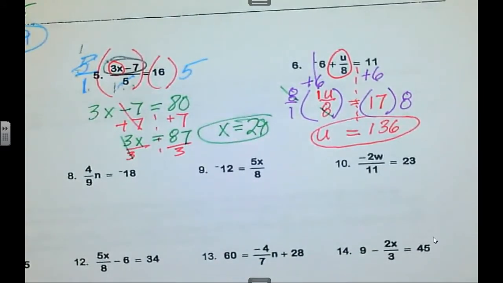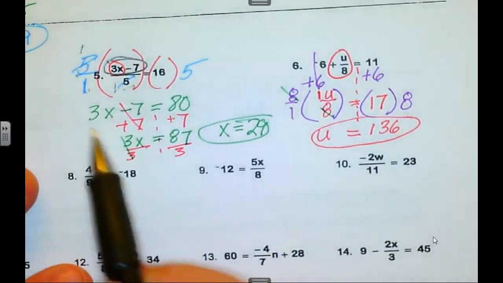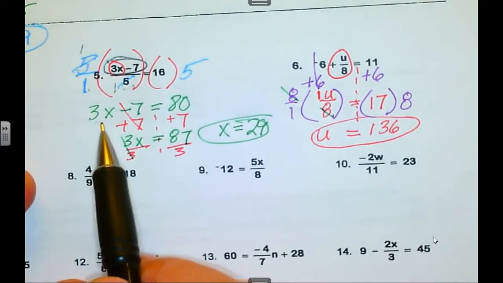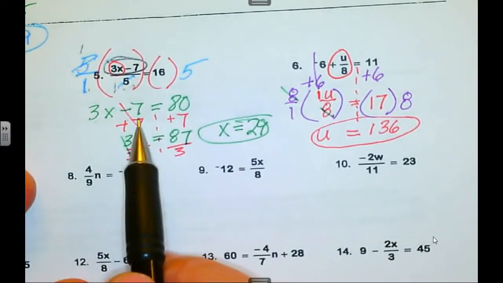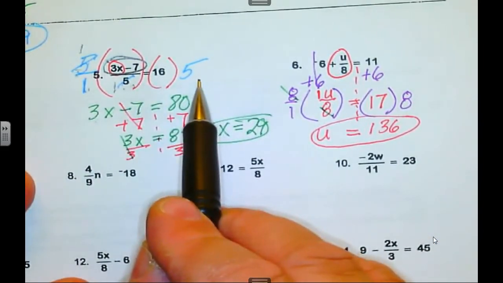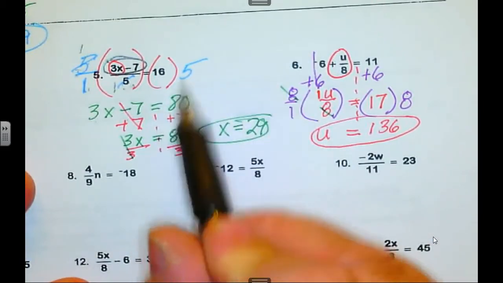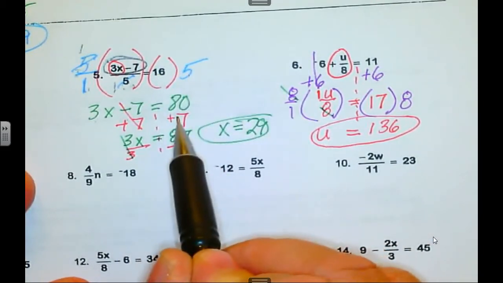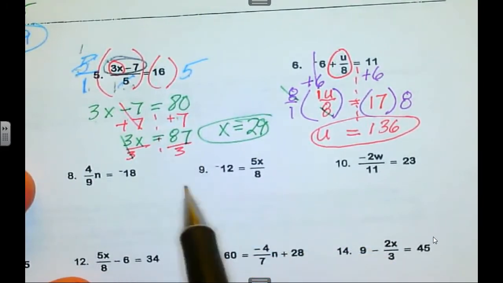I distribute the 1, and I get just the numerator, which is 3x minus 7. But whatever I do to the left-hand side, don't forget I have to do to the right-hand side. So now I have to take 16 times 5, which is 80. Now I've got to solve for x. So that's where all this other stuff comes in.